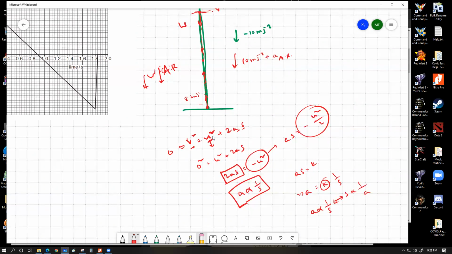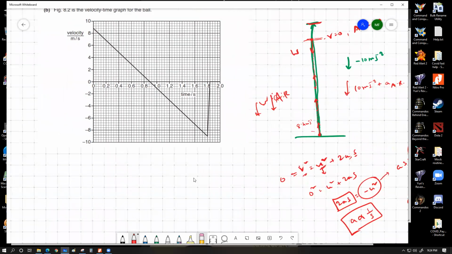Now, because the acceleration would be higher, or to be more precise, the deceleration of the object would be higher, the object wouldn't reach as much height as earlier. Have a look at this graph. What does this area show you? The total amount of vertical height above the ground.